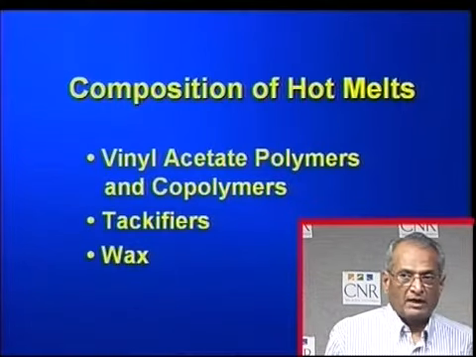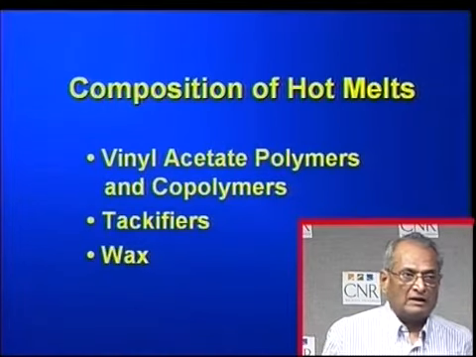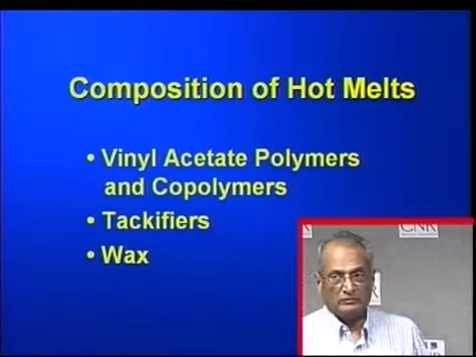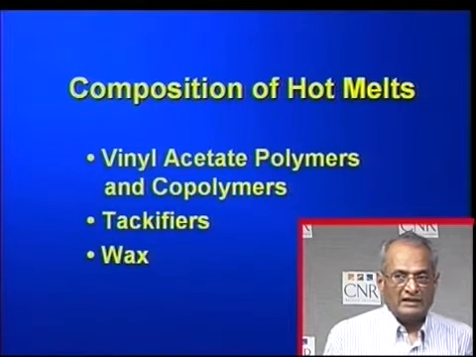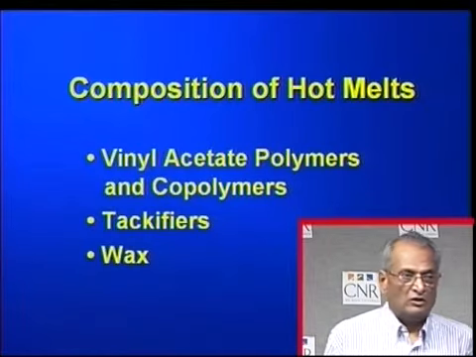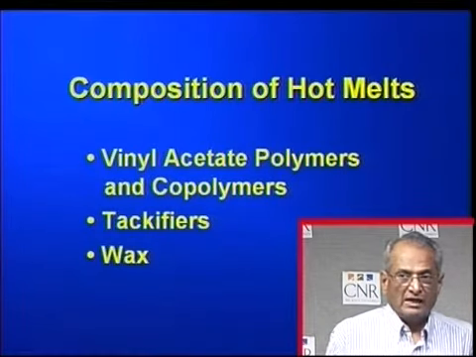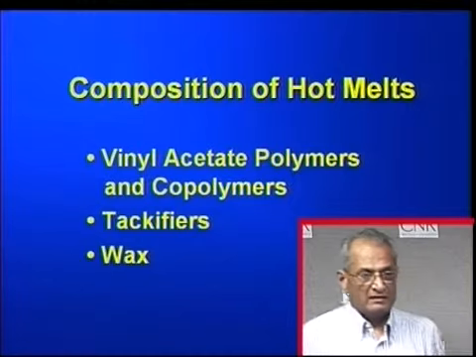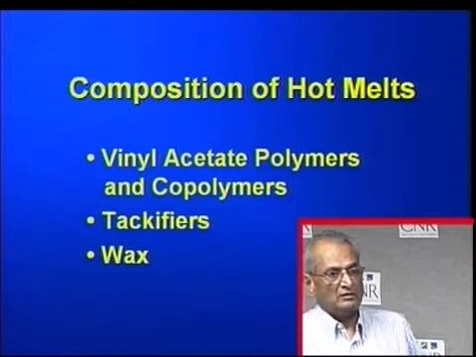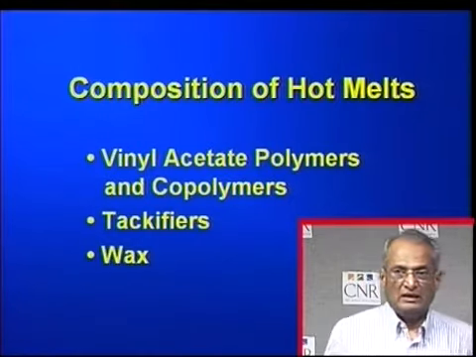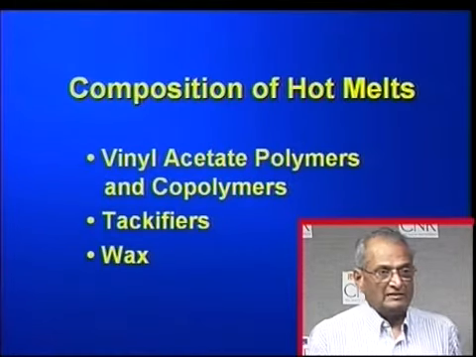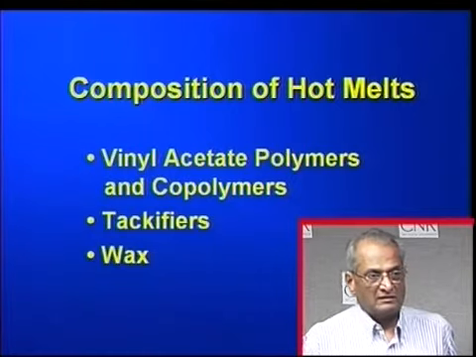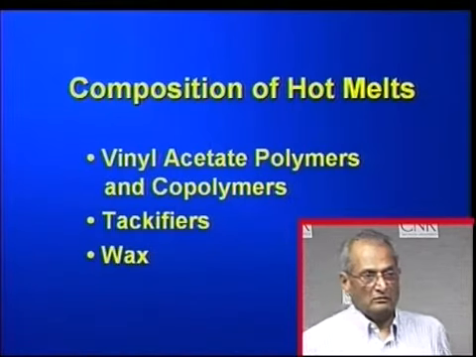Two primary adhesives are hot melts and pressure sensitive adhesives. Hot melts consist primarily of vinyl acetate polymer or related material, and they use some kind of tackifier like rosin to allow the hot melt to wet the substrate, and then they use varying proportions of wax to adjust the melting point of the hot melt.